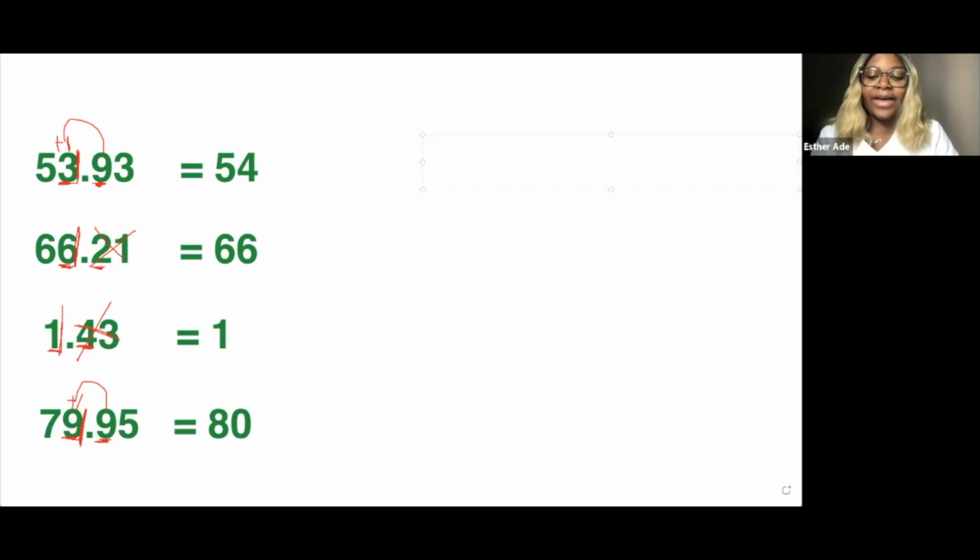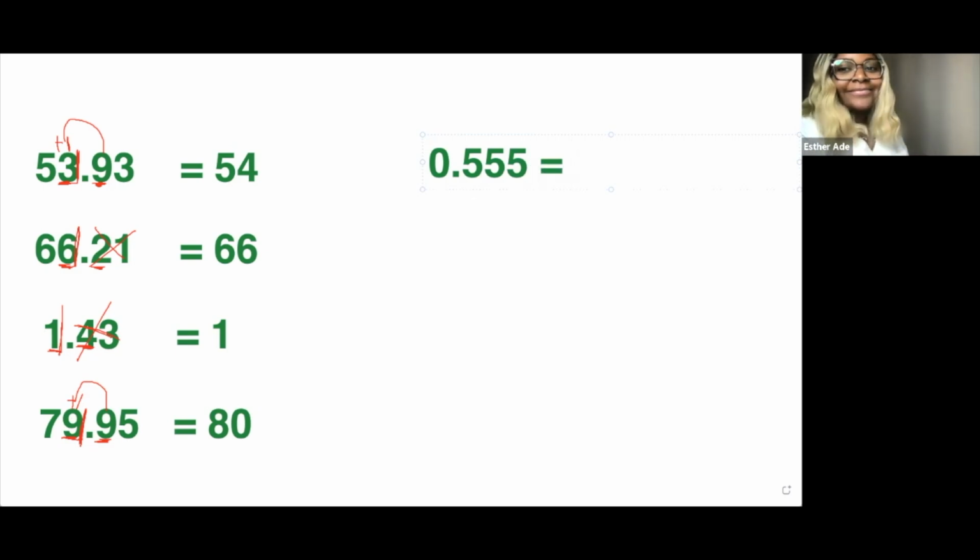One more, if I have 0.555, round to the nearest whole number. This is going to become 1.